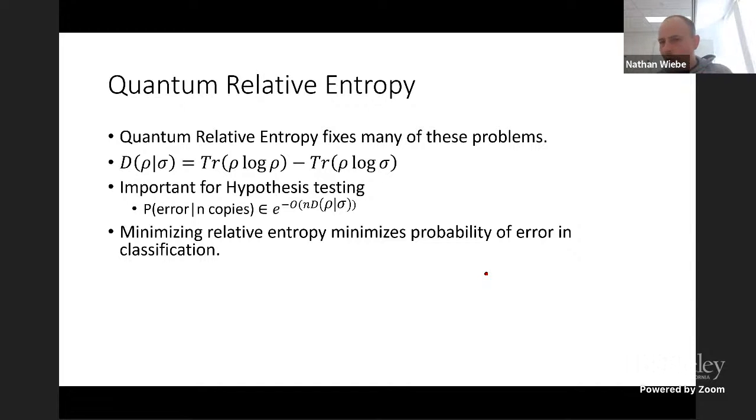It's got one other property that's kind of a mixed bag, and that is just like the KL divergence, it's asymmetric. The quantum relative entropy between rho and sigma is not the same as the quantum relative entropy between sigma and rho. They've got slightly different interpretations, and that's why it's not symmetric.